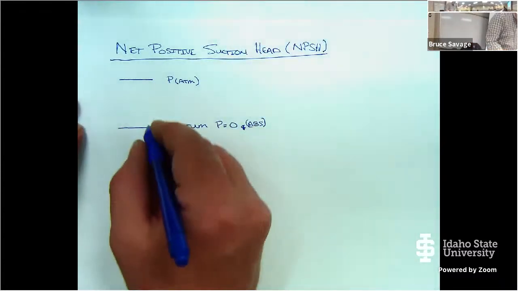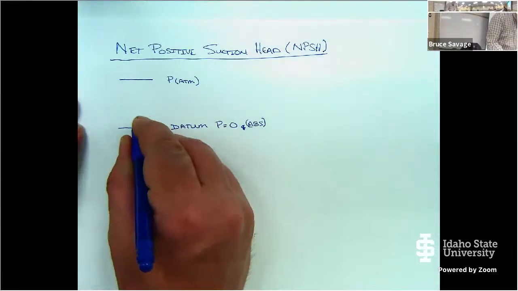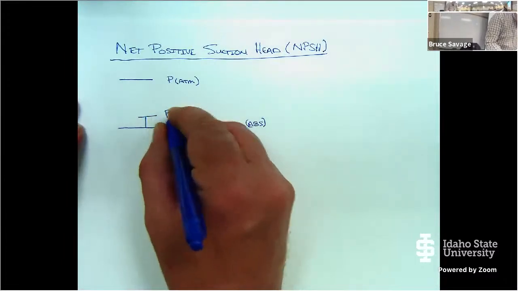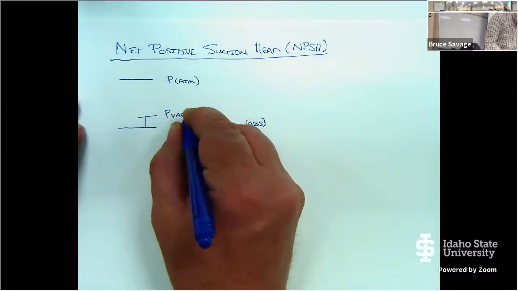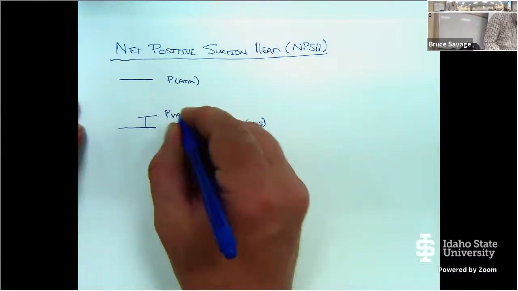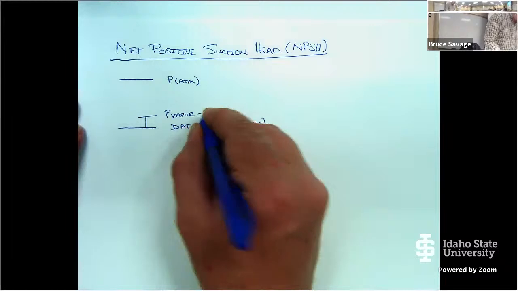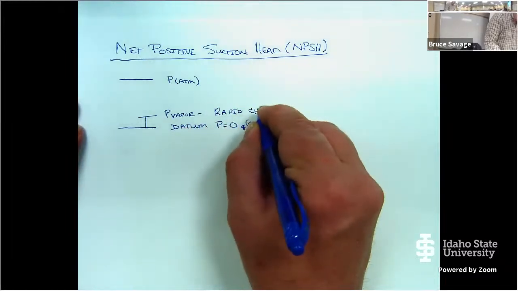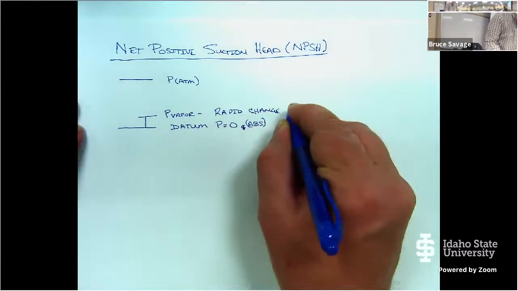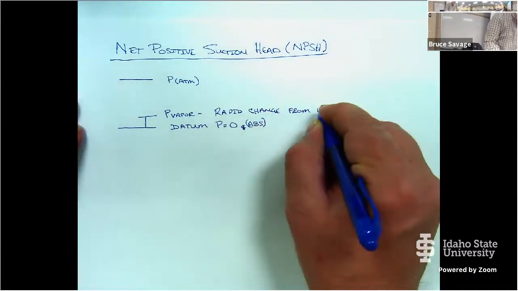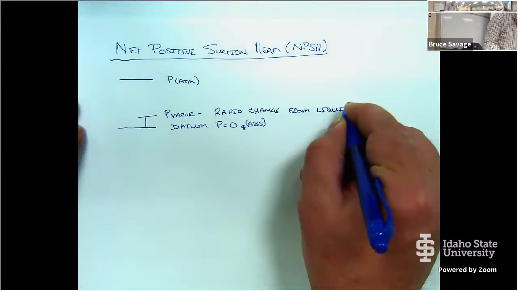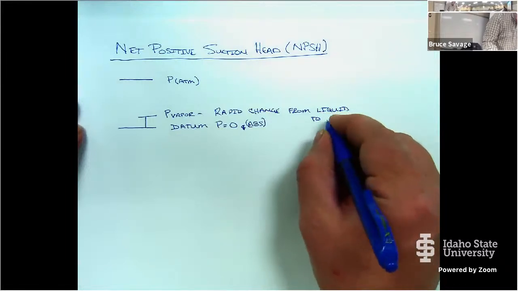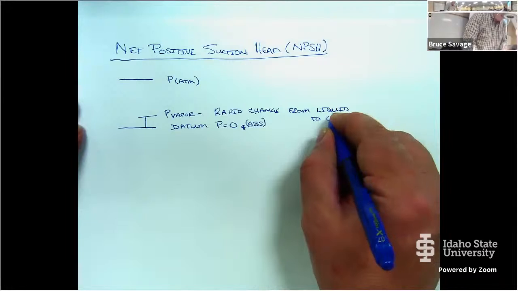Now we have another pressure down this direction that we call the vapor pressure, P vapor. P vapor is when we get the rapid change from liquid to gas.